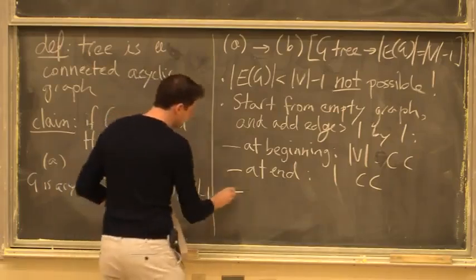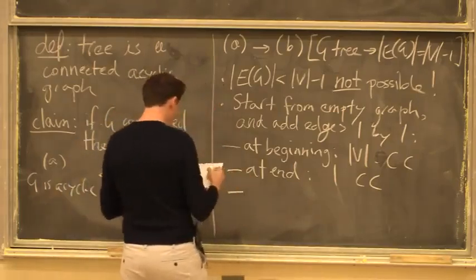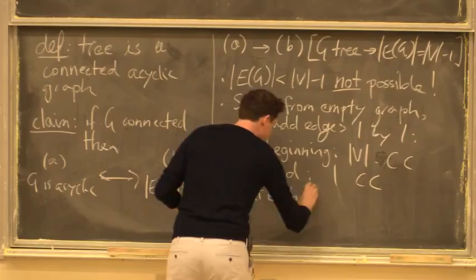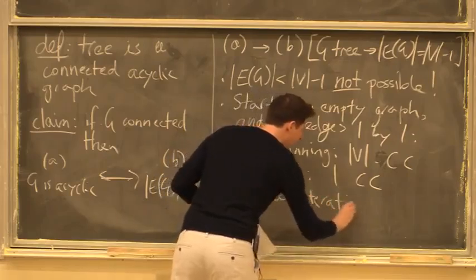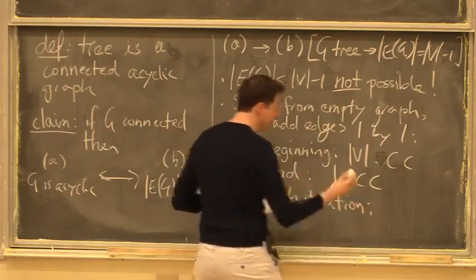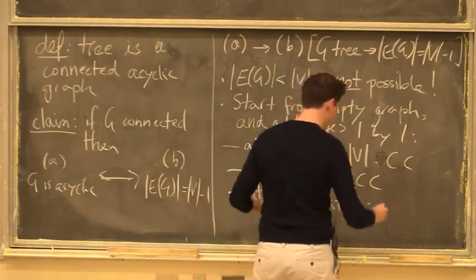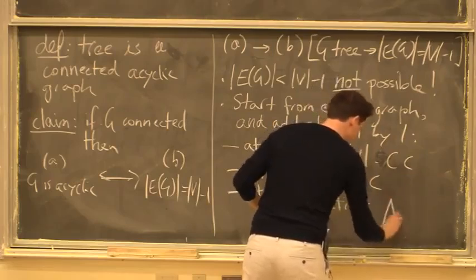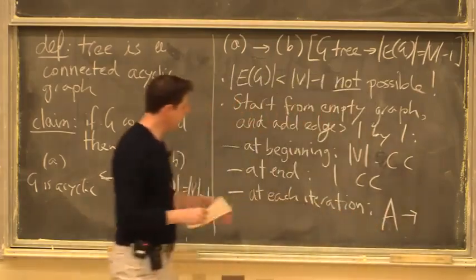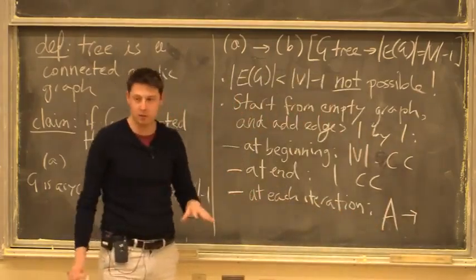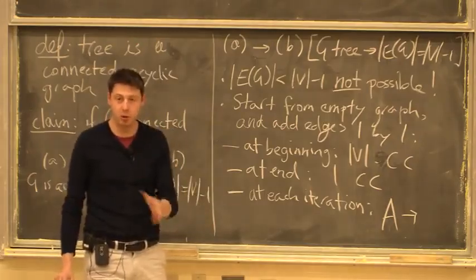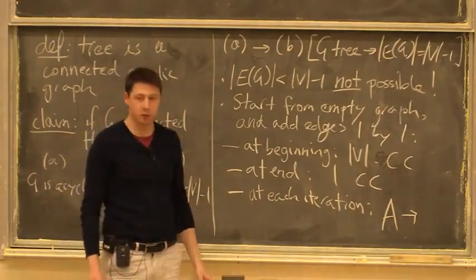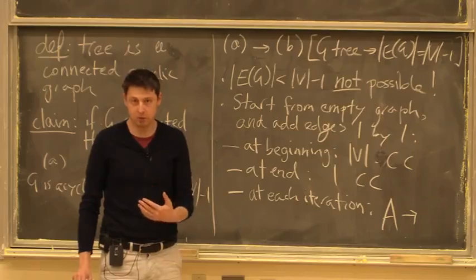Now, what happens in between at each iteration? Let's say at some point we have A connected components, and now we throw in an edge. What do we expect to happen? We don't expect the connected components to go up.